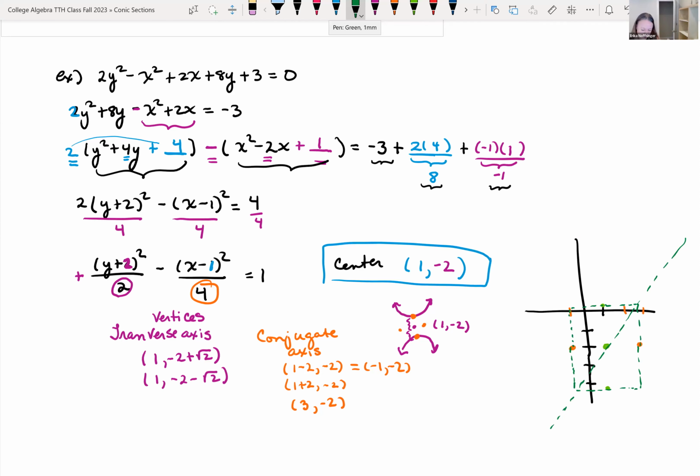I'm running out of time, so I'm not going to find these equations, but you should be able to find these equations because you have 2 points on a line. I know that my vertex is right here, and I'm going to be hugging these lines in here.